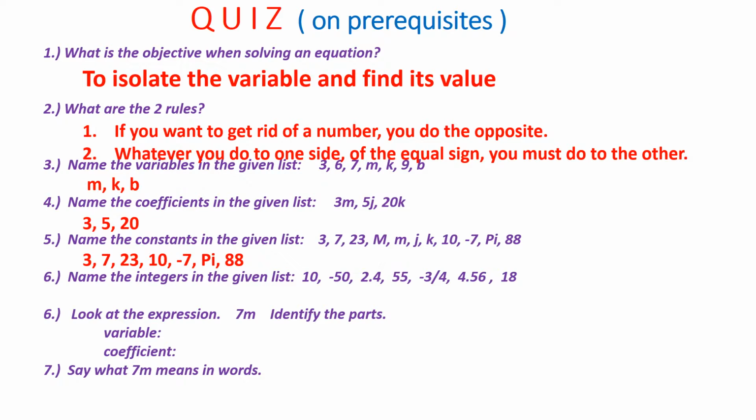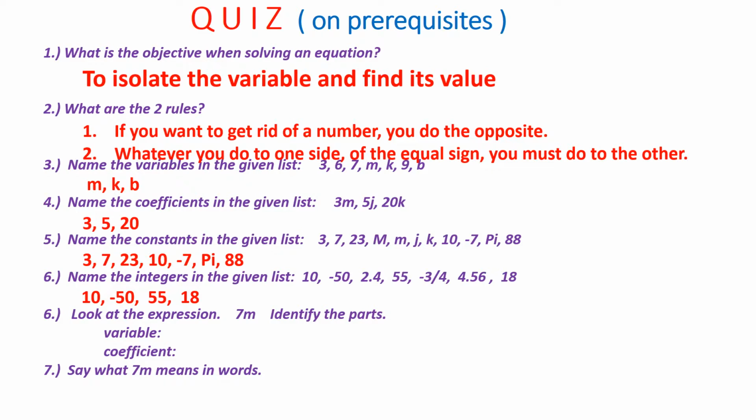Name the integers in the given list. Number 6. The list is 10, -50, 2.4, 55, -3/4, 4.56, and 18. The integers are 10, -50, 55, and 18.